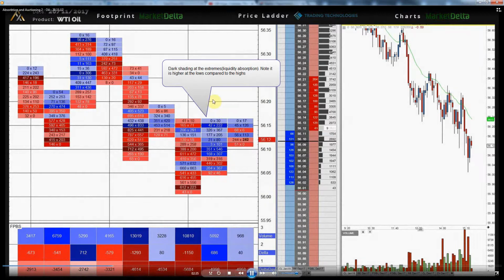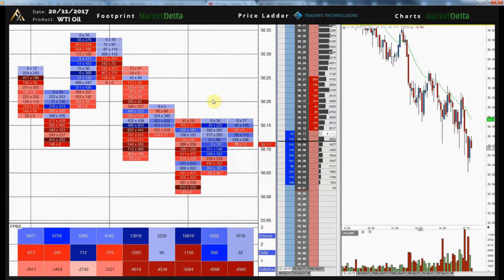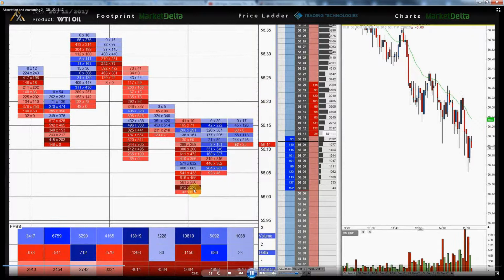One thing I will say: always look where the heavier liquidity is being taken, even though a lot of the time it might just be noise. At the low extreme here, note 600 by 223, 561 by 556, 616 by 445, 541 by 433. So quite a lot of the volume is being taken at this low relative to the high.